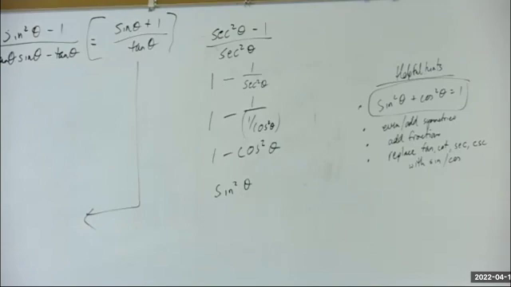Okay, what's secant? That's the flip of cosine, so secant is 1 over cosine. And cosecant is 1 over sine. Yeah, that's your 6 trig functions.